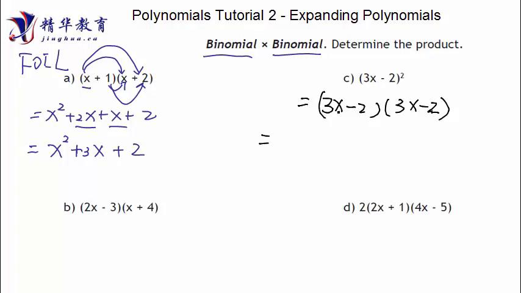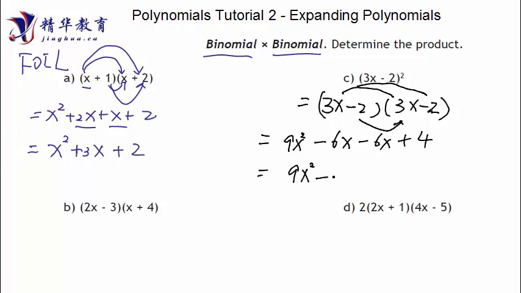And then 3x times 3x, FOIL them in, will be 9x squared. And then 3x times negative 2 will be negative 6x. And then negative 2 times 3x equals negative 6x. Negative 2 times negative 2 is positive 4. So it equals 9x squared minus 12x plus 4.